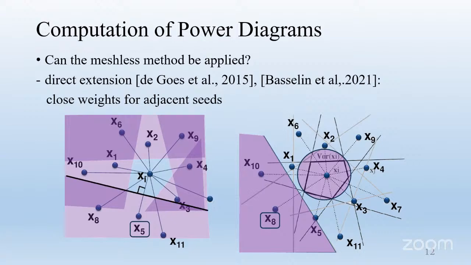We wonder, can the meshless method be applied? Several works have attempted to directly extend the meshless method to compute power diagrams. However, their extensions have a strong precondition that the weights of adjacent seeds have close values, which evidently cannot be used for general cases.